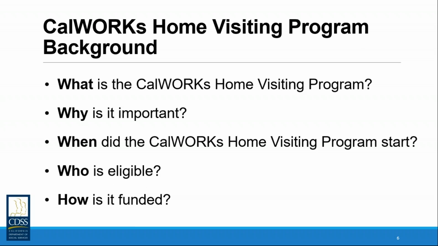A county may serve additional individuals with prior approval from the CDSS. So how? Assembly Bill 1811, Statutes of 2018, appropriates funding for the implementation of the HVP within the CalWORKs program. So now I'll pass it on to Juliana.